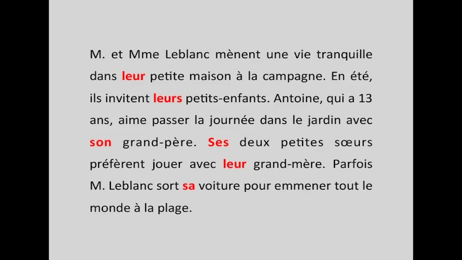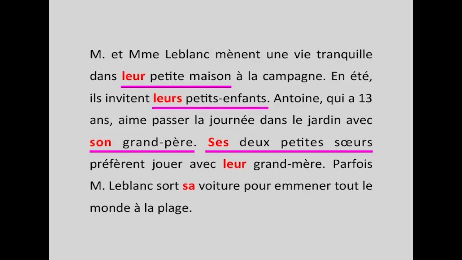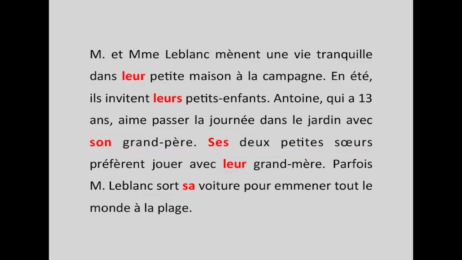In this text, you can observe a possessive adjective in every sentence. Leur petite maison, leurs petits-enfants, son grand-père, ses deux petites sœurs, leur grand-mère, and sa voiture. Each time the possessive adjective precedes the modified noun.